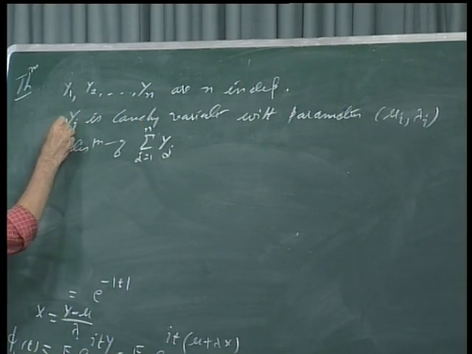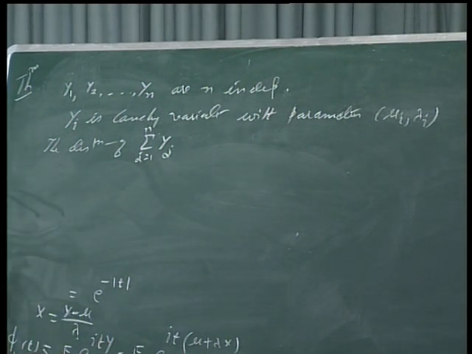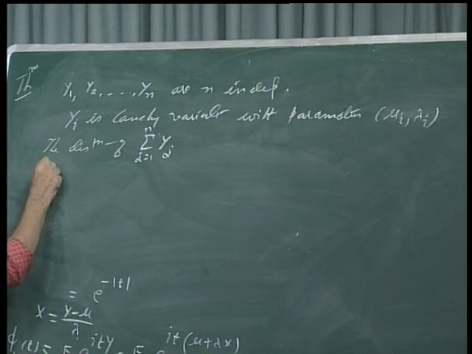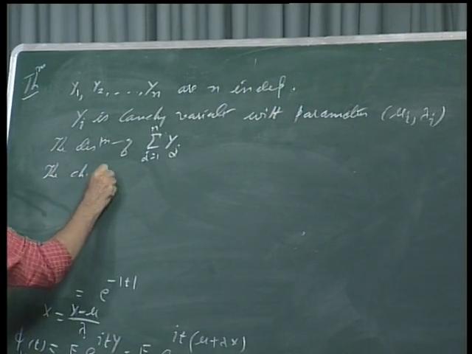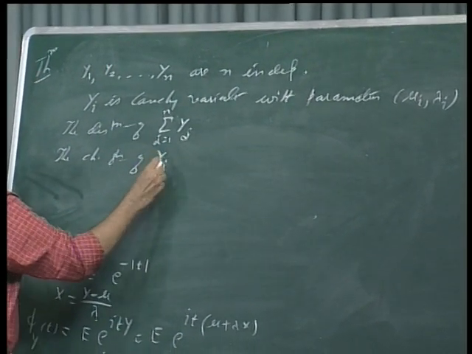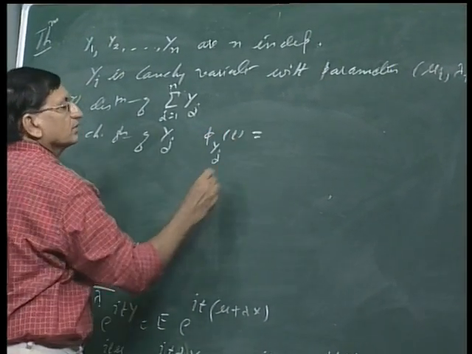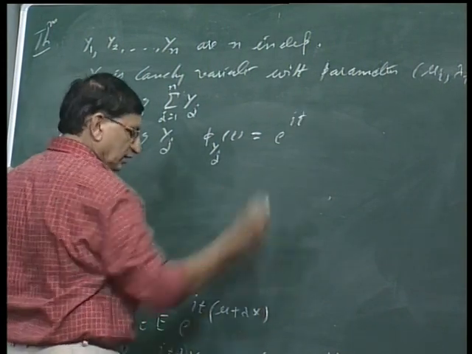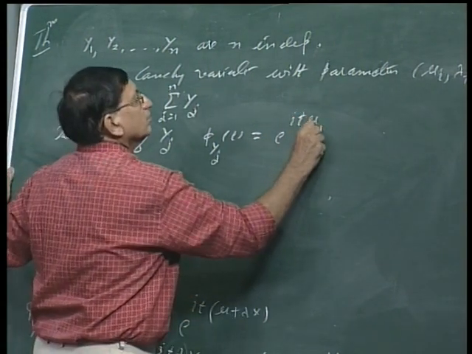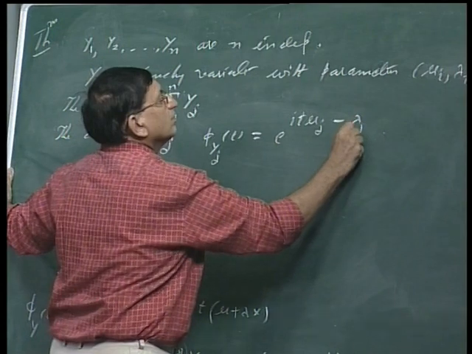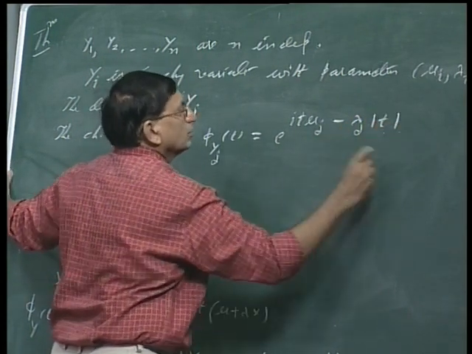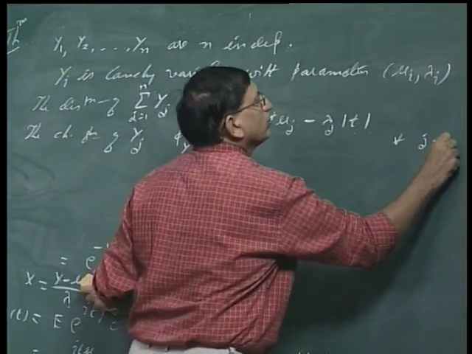So since all yi's are Cauchy variate, as we saw here, the characteristic function of yj, say phi yj, is e raised to i t mu j minus lambda j into mod t for all j running from 1 to n.